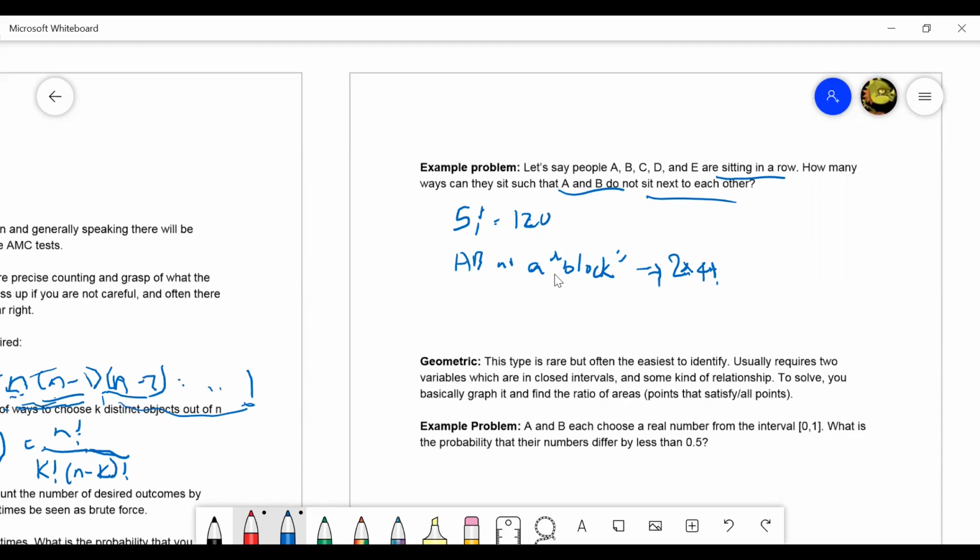So now you're left with 4 people, and that's 4 factorial from the permutation. And then we're going to have either A, B or B, A in the block, because the block doesn't specify the order. That's just an extra times 2. So this evaluates to 48. And then the final answer would just be 120 minus 48, or 72.